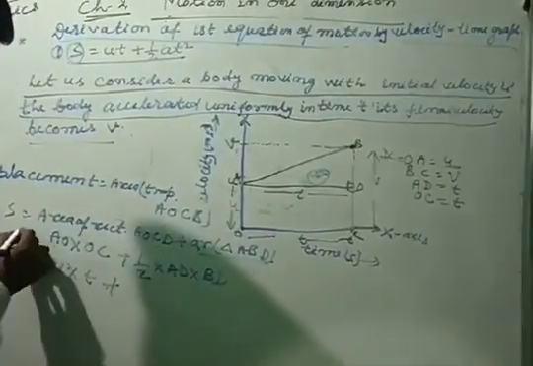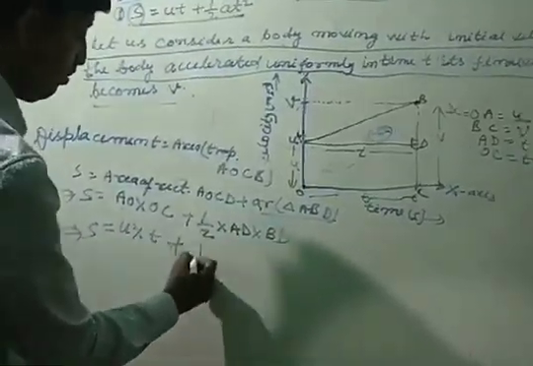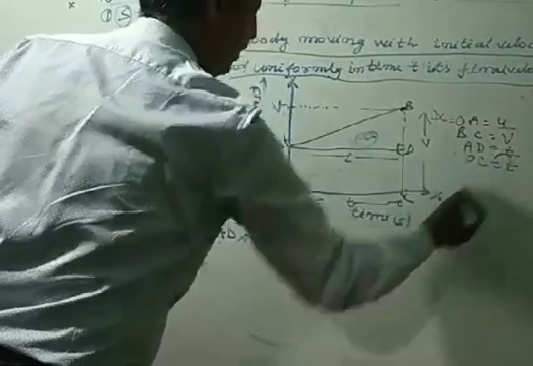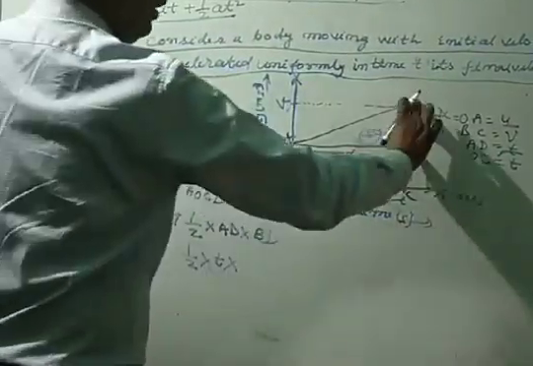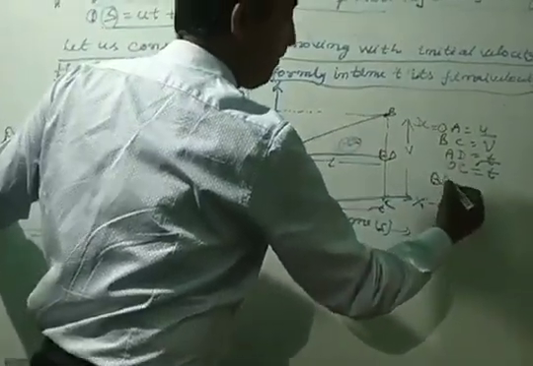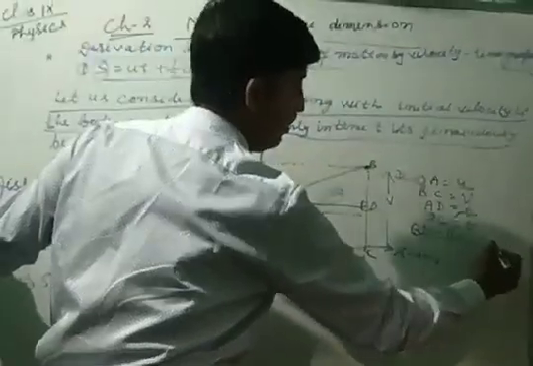Plus half into AD. What is the value of AD? The value of AD is T. And what is the value of BD? Here BD is equal to BC minus DC.